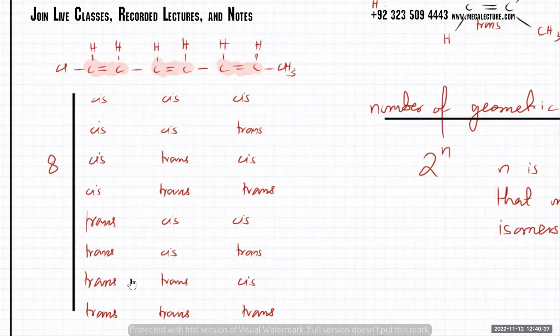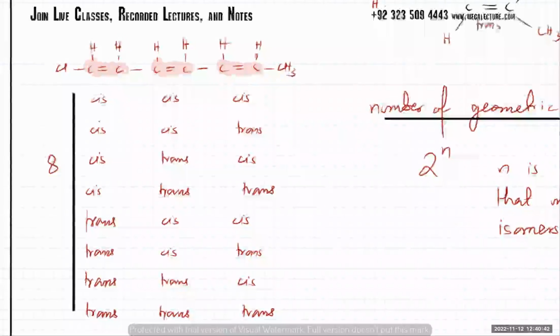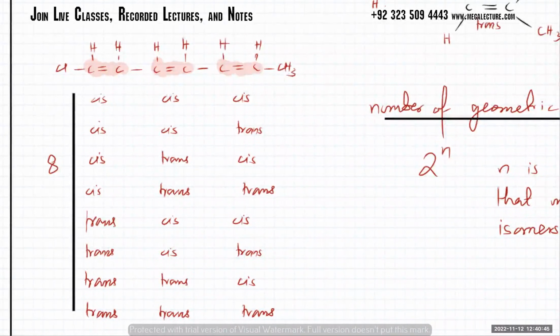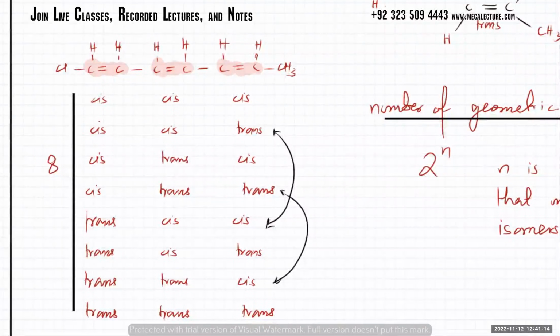So in the symmetric case, trans-cis-cis and cis-cis-trans will be the same, and cis-trans-trans and trans-trans-cis will be the same. So instead you're going to get 6 isomers, not 8. Just remember at the end that if the molecule is symmetric, then two of the combinations would be exactly the same. Clear idea?